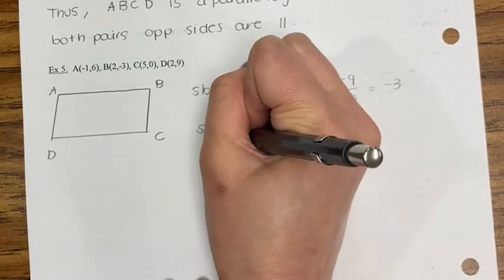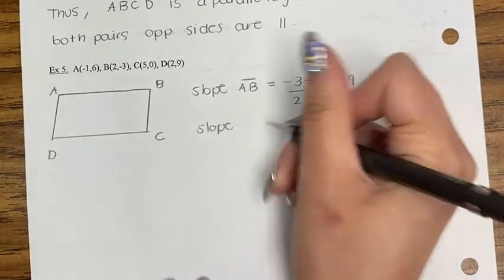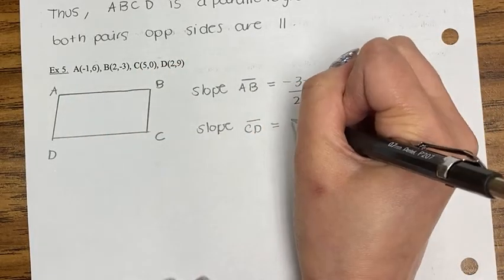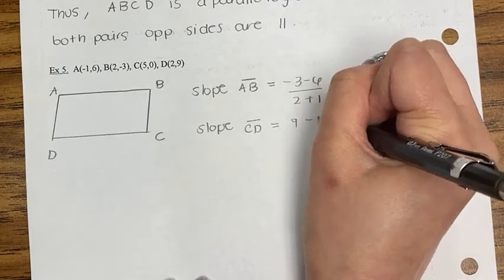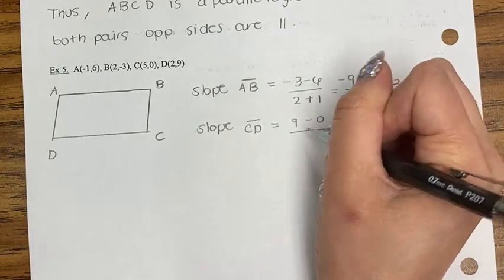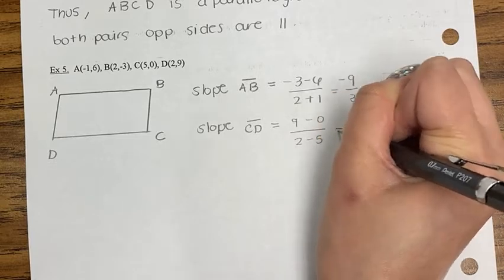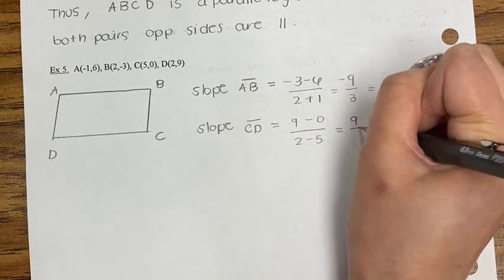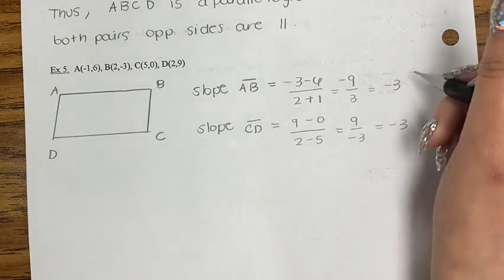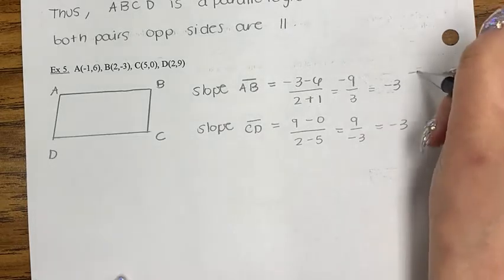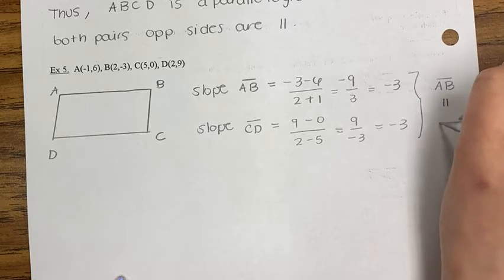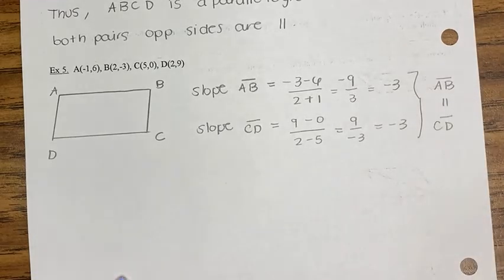Now the one that you want to match is the slope of CD, or DC. That one is going to be 9 minus 0 divided by 2 minus 5, which is 9 divided by negative 3, also negative 3. So you can conclude from here that AB is parallel to the segment CD.